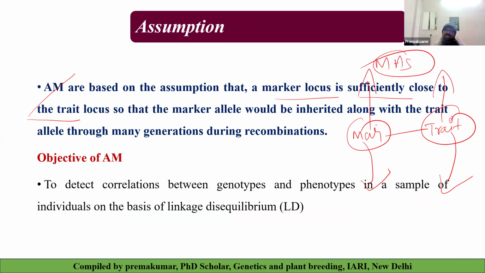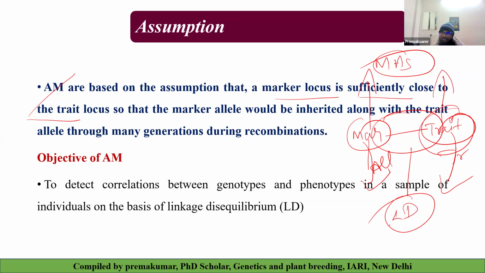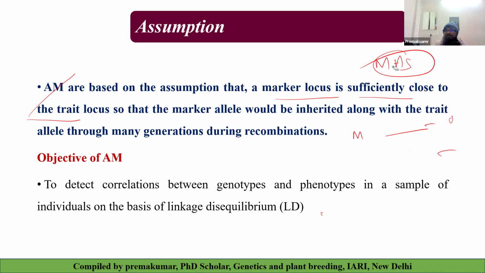This is the assumption: your marker allele will be inherited with your trait allele. Why is it inherited together? Because of LD. When the marker and the trait are in linkage disequilibrium, they will be inherited together. This is the assumption for your association mapping.